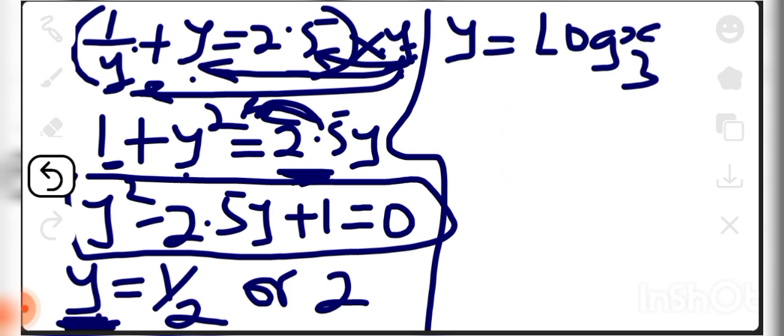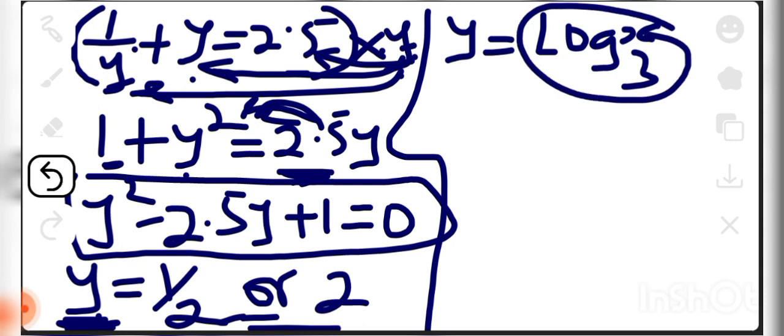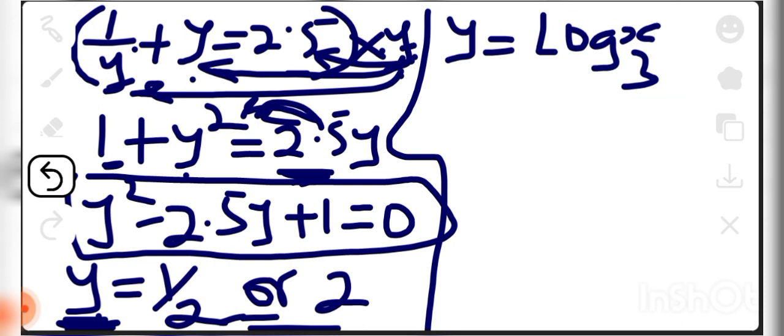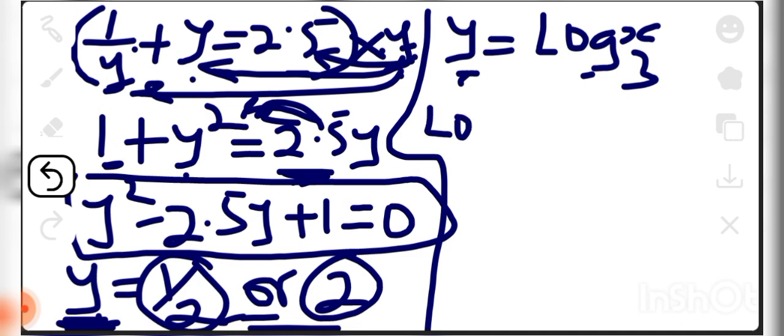So since y is equal to this now, I'm just going to replace the y component back. So we are not going to be using y again, we are going to be using this. And that will be equal to this half and this. So you can also say log x to base 3 is equal to, what is the first value of y? 1 over 2.